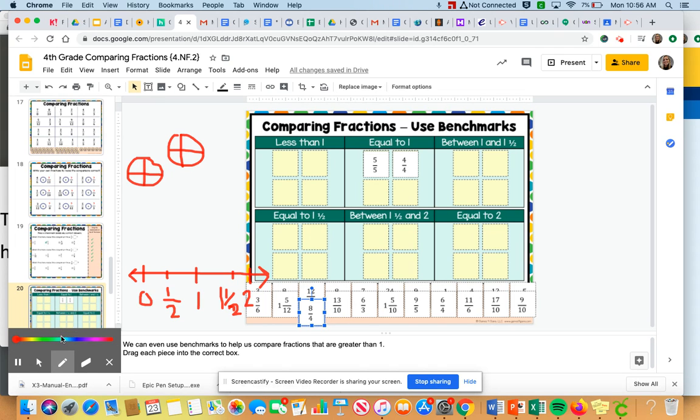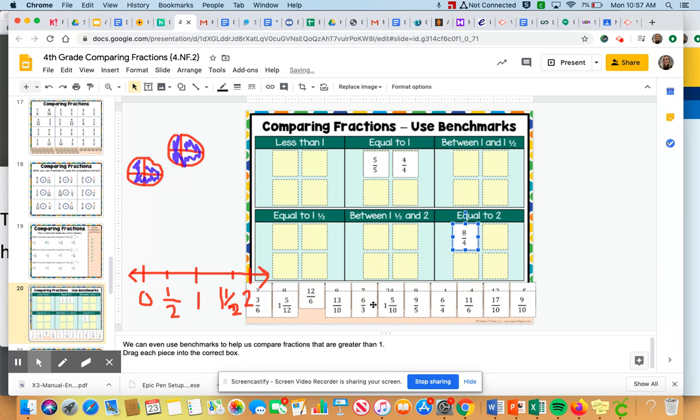Okay, I'm going to shade in 8/4. 1, 2, 3, 4, 5, 6, 7, 8. Oh, well, that's 2 whole pizzas that I shaded blue. So this must be equal to 2 wholes. Awesome.